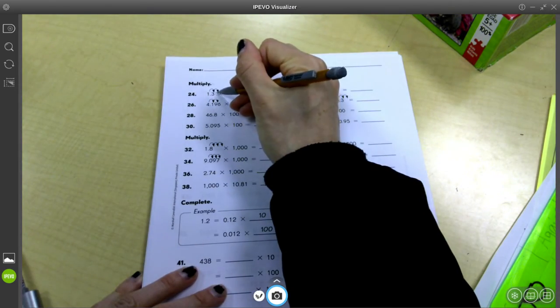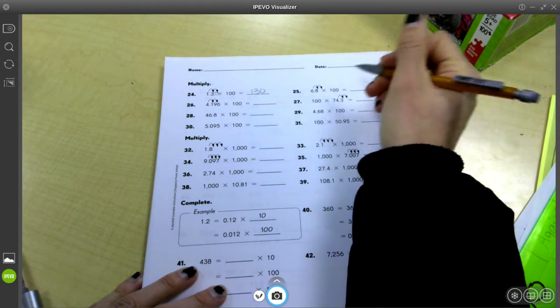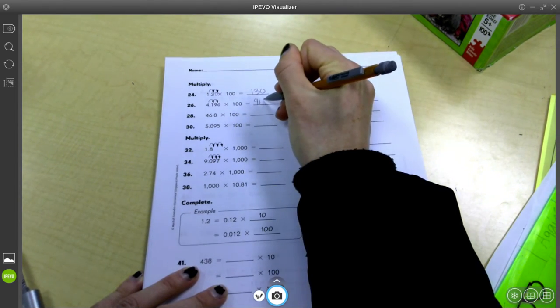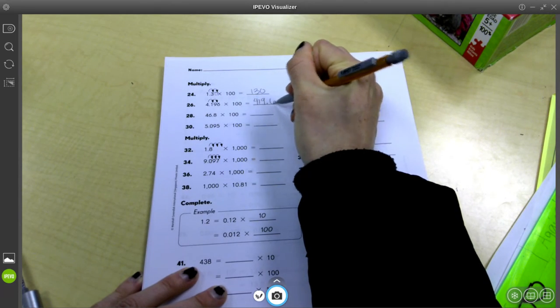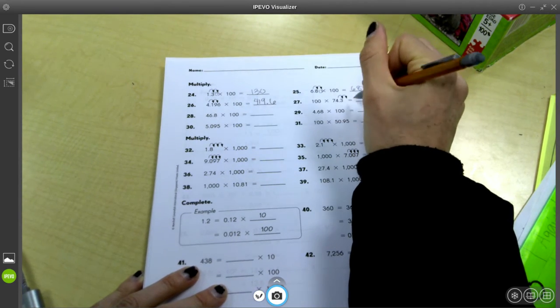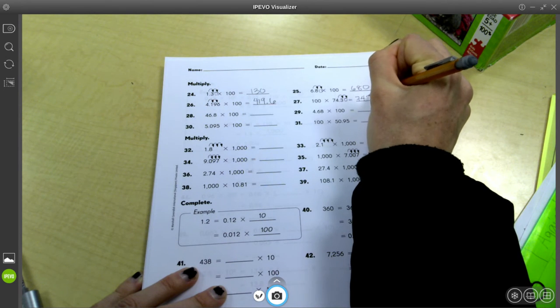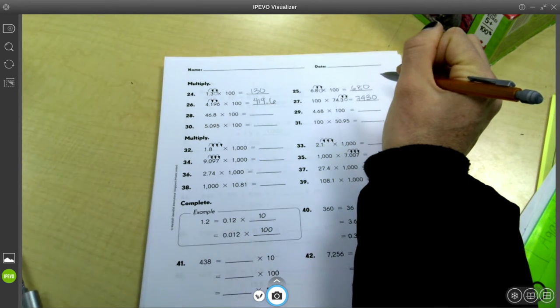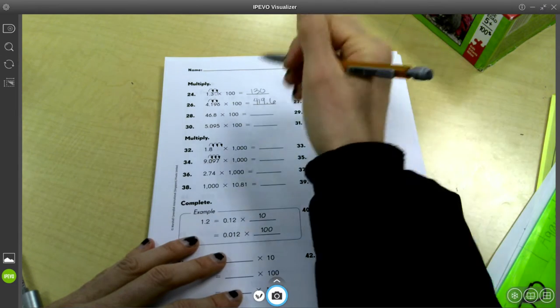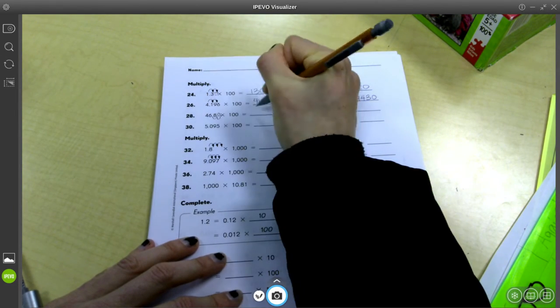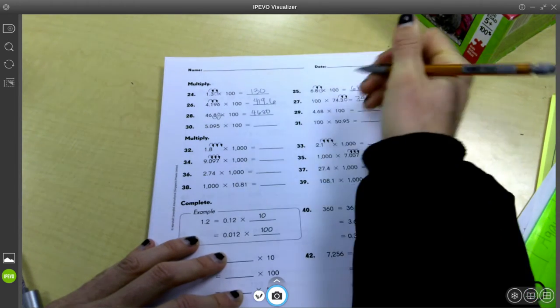So here, this becomes 130. 680. 419.6 tenths, my 0. 7,430, moved it twice. Here we go, ready? I like the bottom, 1, 2, fill my 0, 4,680.